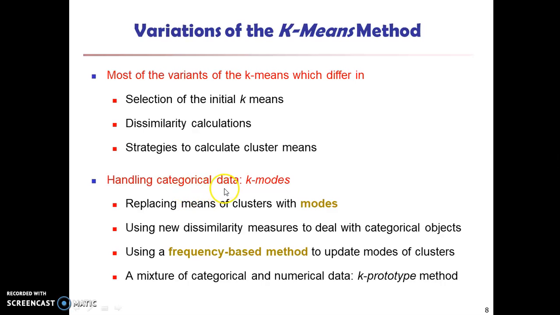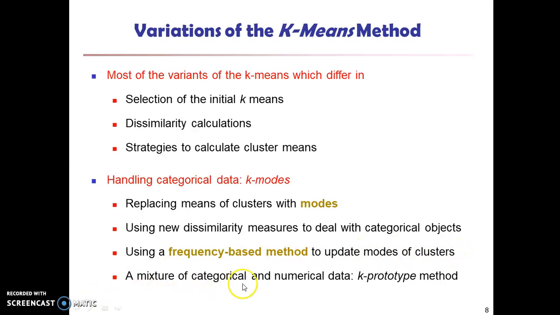Handling categorical data: k-modes. Here we replace the means of clusters with modes, then use new dissimilarity methods to deal with categorical objects, and use a frequency-based method to update the modes of clusters.